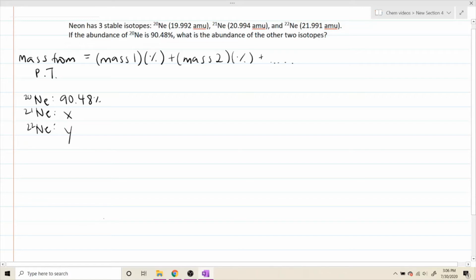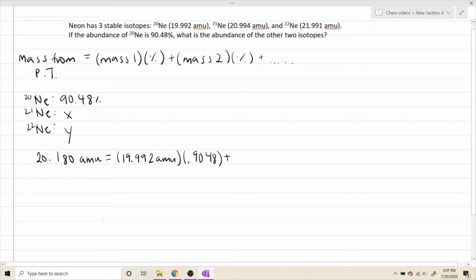If you look up neon on the periodic table, its mass is 20.180 AMU. We set that equal to our first isotope, whose exact mass is given in the problem, 19.992 AMU, times its percent abundance, which is 0.9048. Make sure you put it in decimal form.